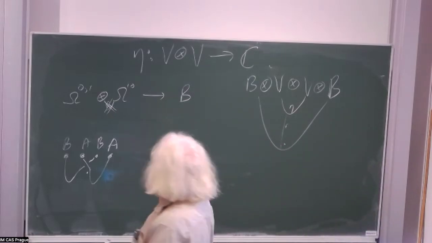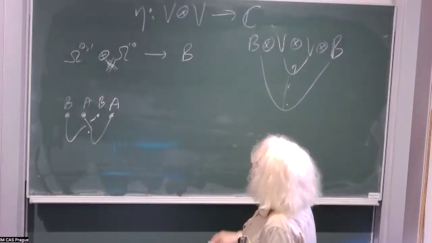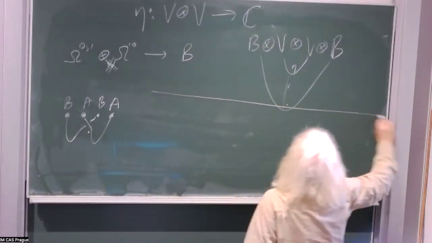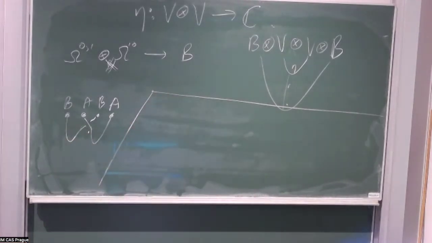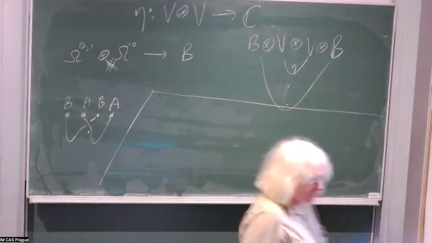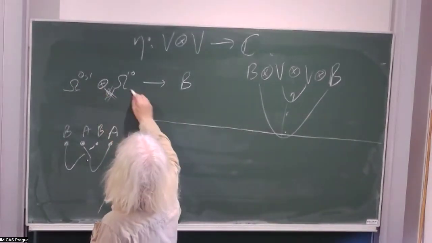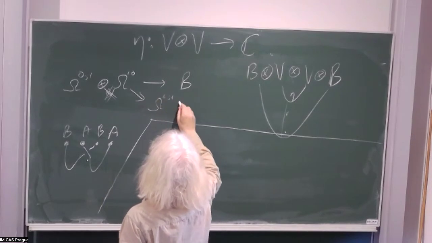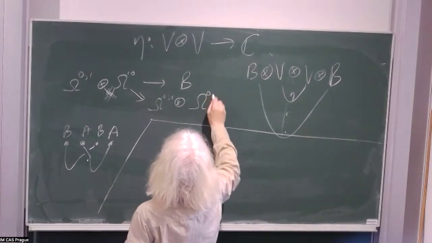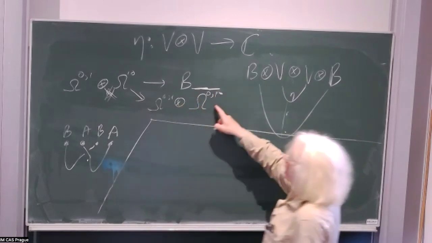Now, on these calculi, I can use the star map, which is a nice map in the calculus, to say that this is a Hermitian inner product.